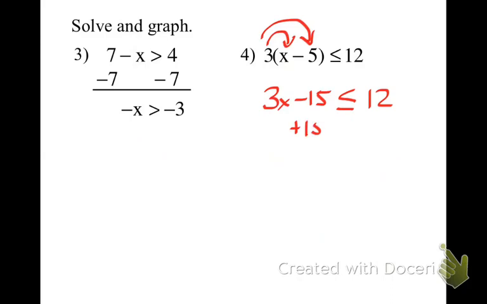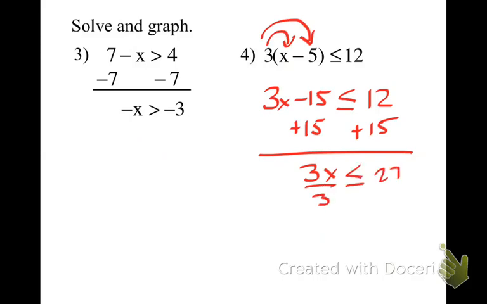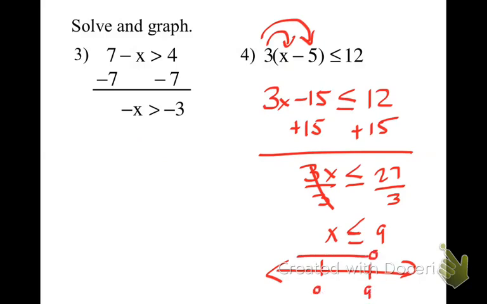I'm adding 15, and I'm left with 3x is less than or equal to 27 divided by 3, and x is less than or equal to 9. So yeah, we have the same thing, 2 different methods. I've got my 0, my 9, and I start. Always make sure to have an arrow at the end of that line.